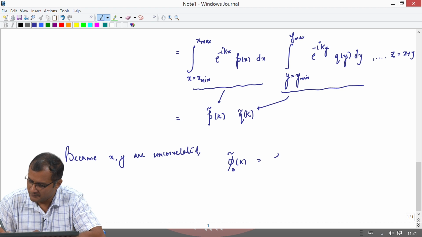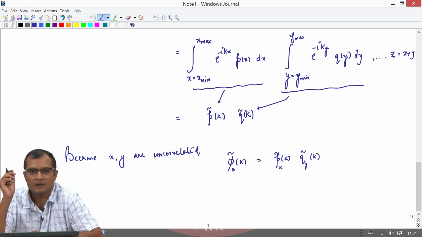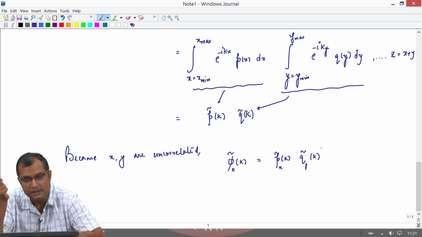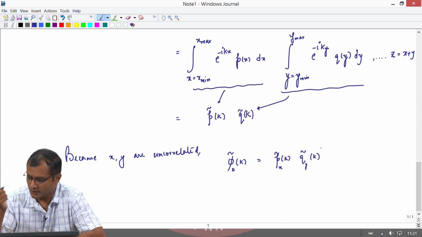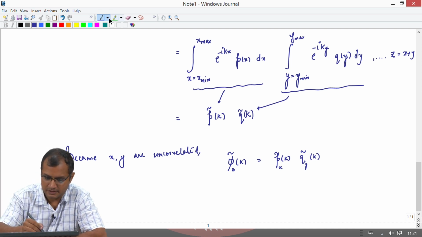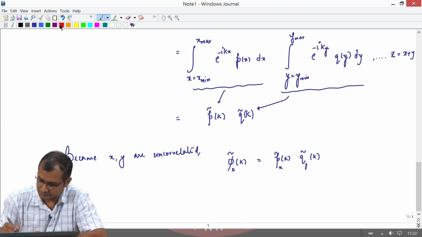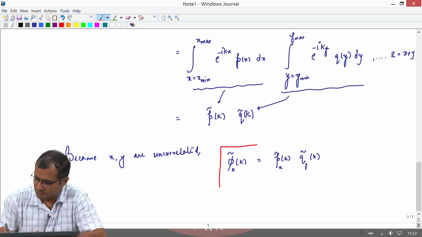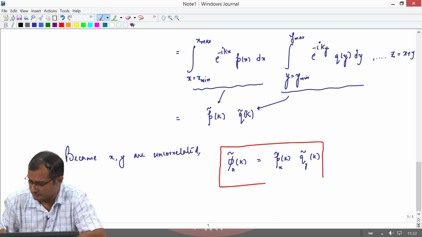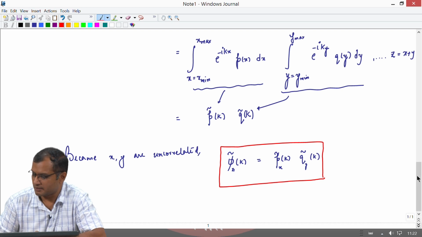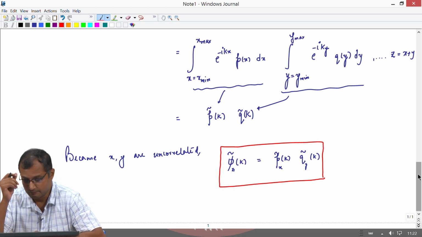This came out to be a simple product of the individual characteristic functions. The subscripts x, y and z are only there to alert you that they were the characteristic functions of the respective random variable distributions. So, this is a very important result, and I am going to use this to derive the central limit theorem.